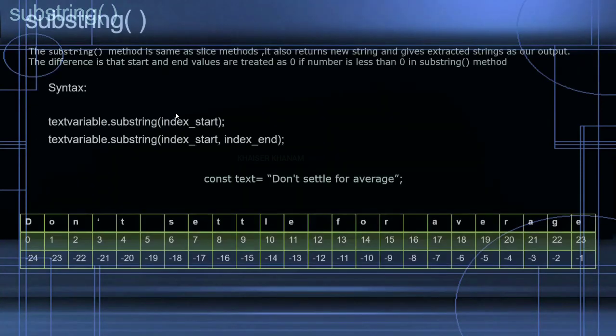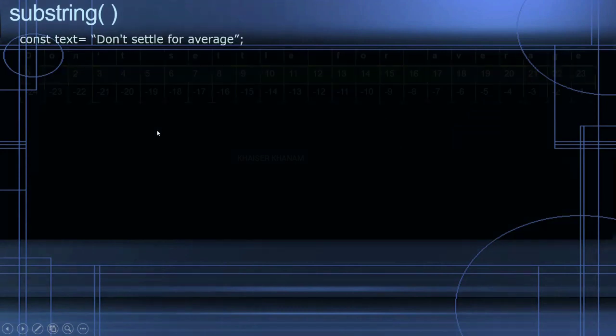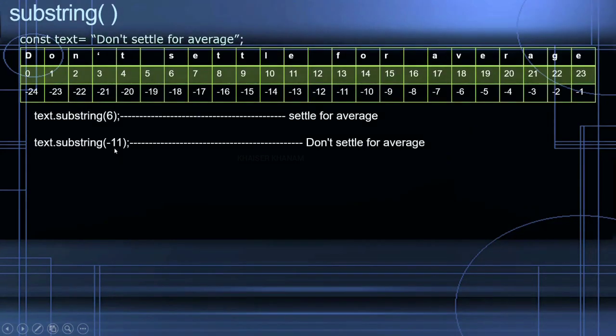In the definition we have already seen the difference: start and end values are treated as 0 if the number is less than 0 in the substring method. So from the 0th position, the entire result will be printed.